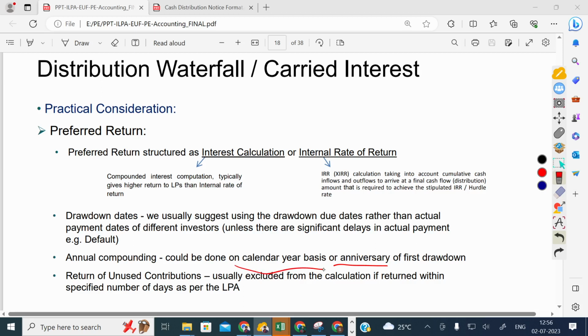Calendar days means at the time of investment, let's say you have decided to follow 30 divided by 360. After 360, you can compound it. It depends on your investment cycle. But most investments follow the anniversary, which means the same day of investment in the next year.